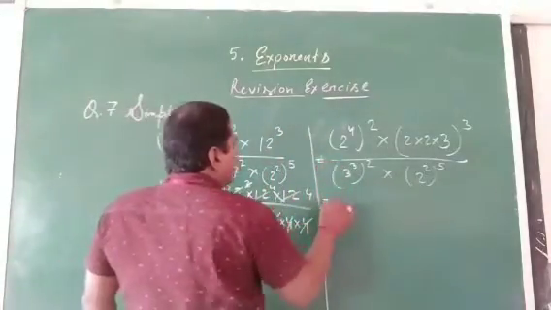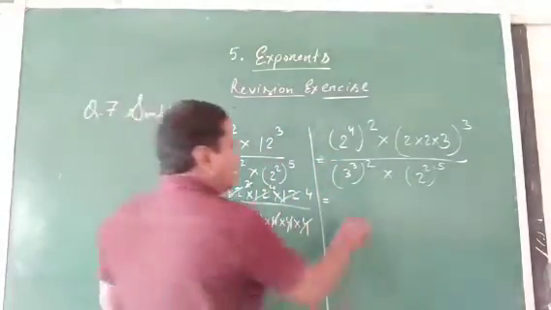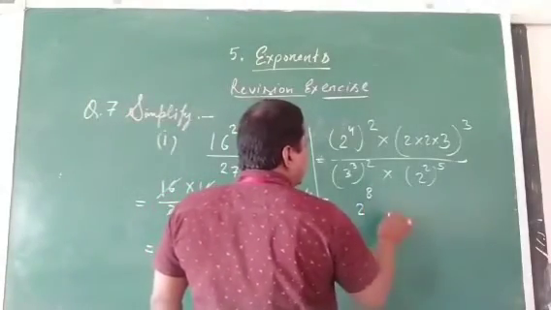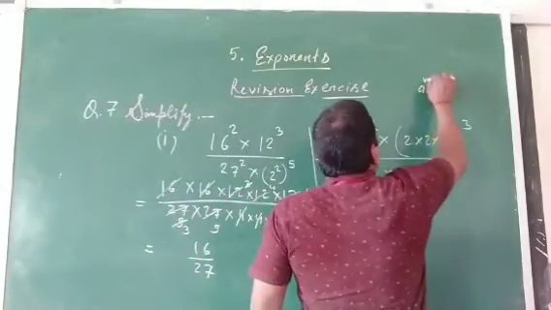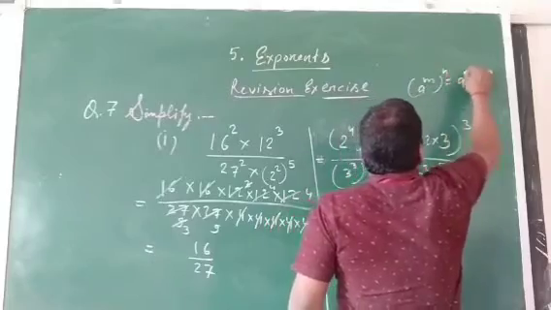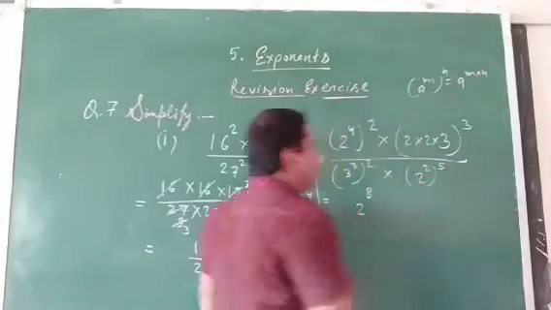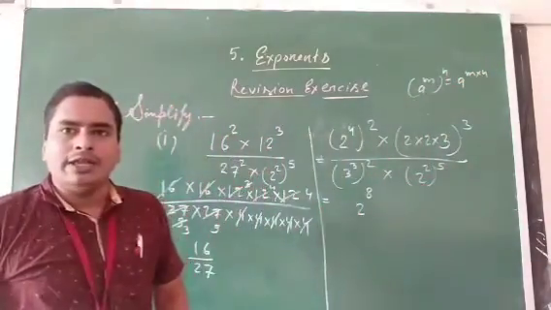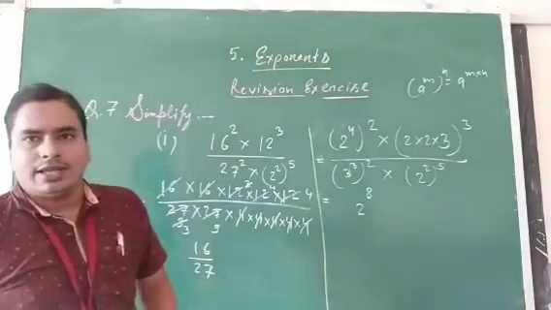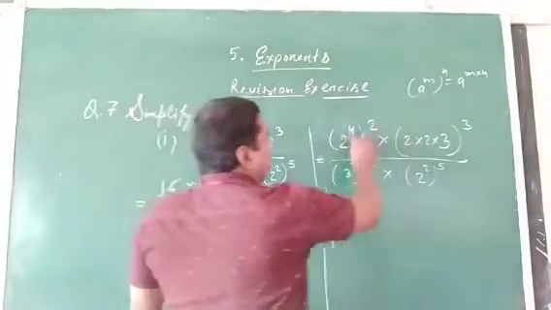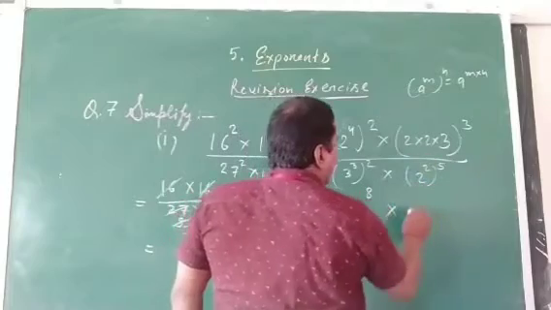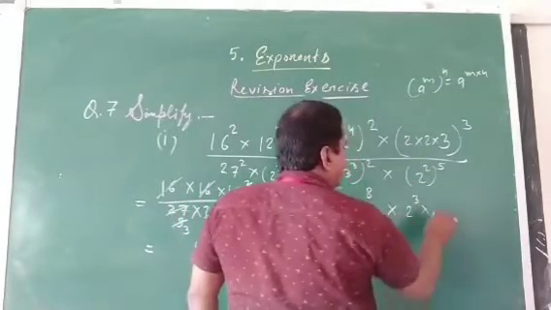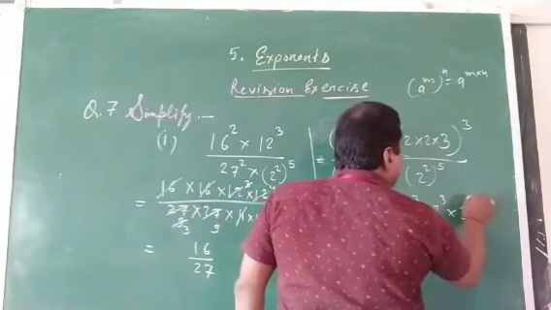Now use this rule: (a^m)^n is equal to a^(m×n). So 2 to the power 4 times 2 is 8. Here 2 to the power 3, 2 to the power 3, 3 to the power 3.